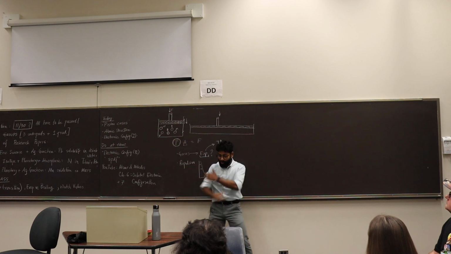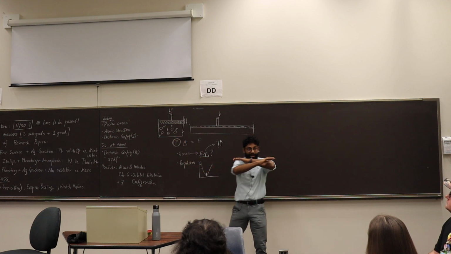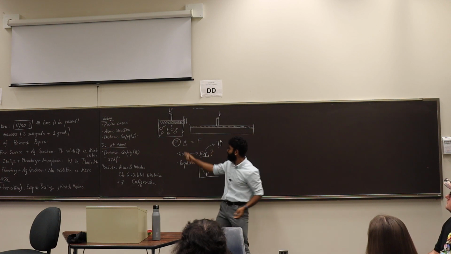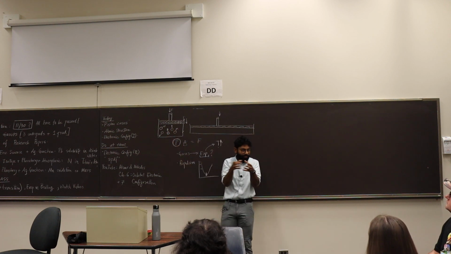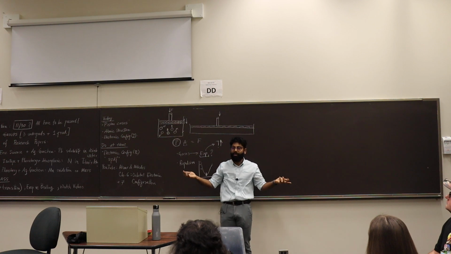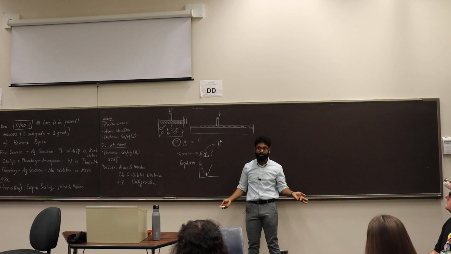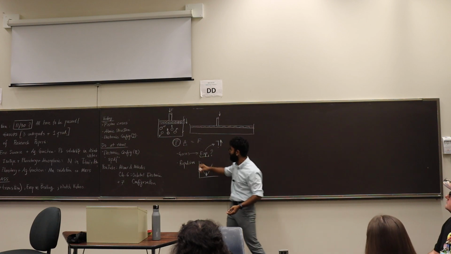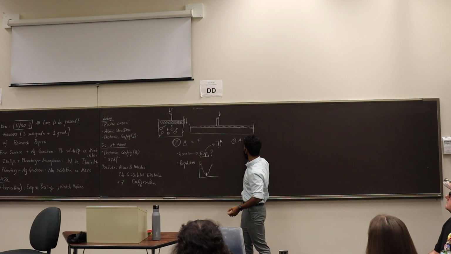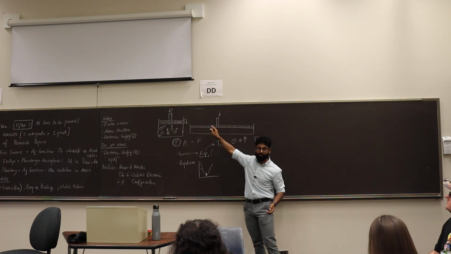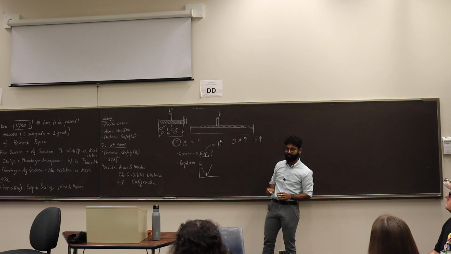But now you're exposing the entire piston's area and more molecules can hit it. In here, maybe 5 were able to hit. In here, if you double it, 10 can do it, right? So as you increase the area, the force that you have to apply increases, right?